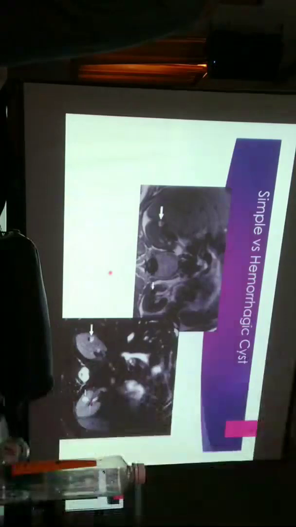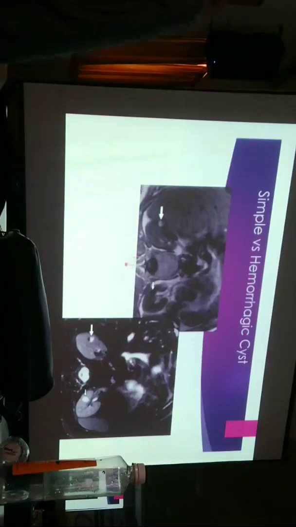Before I conclude, we have to know that cystic lesions are very common. They appear hypointense or hyperintense in T1 and hyperintense in T2 weighted imaging. This is a lesion which is hyperintense in T1, so this is a hemorrhagic cyst, and with gradient echo it may show blooming.